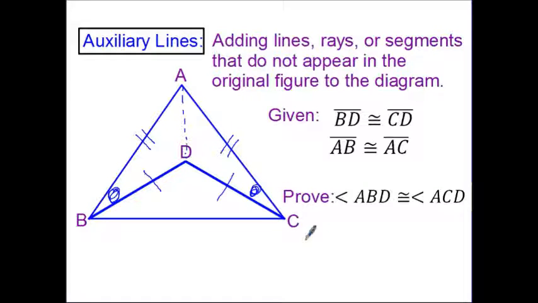Auxiliary lines connect any 2 points. So what we can say inside our 2-column proof is we can say draw AD. And the reason why we can say that is we can say AUX for auxiliary. It's a line that exists by connecting 2 points but does not appear in the original.